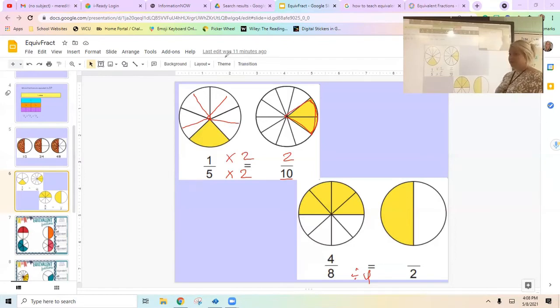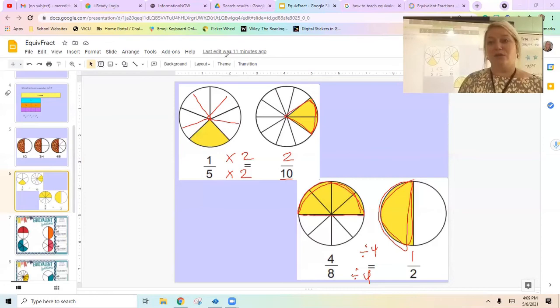Now, what I do to the bottom, I've got to do to the top. So 4 divided by 4 equals 1. 4/8 and 1/2 are equal. And it shows you here that there are 4/8 and 1/2. And even just by looking at these visual models, you can see that those are equal.